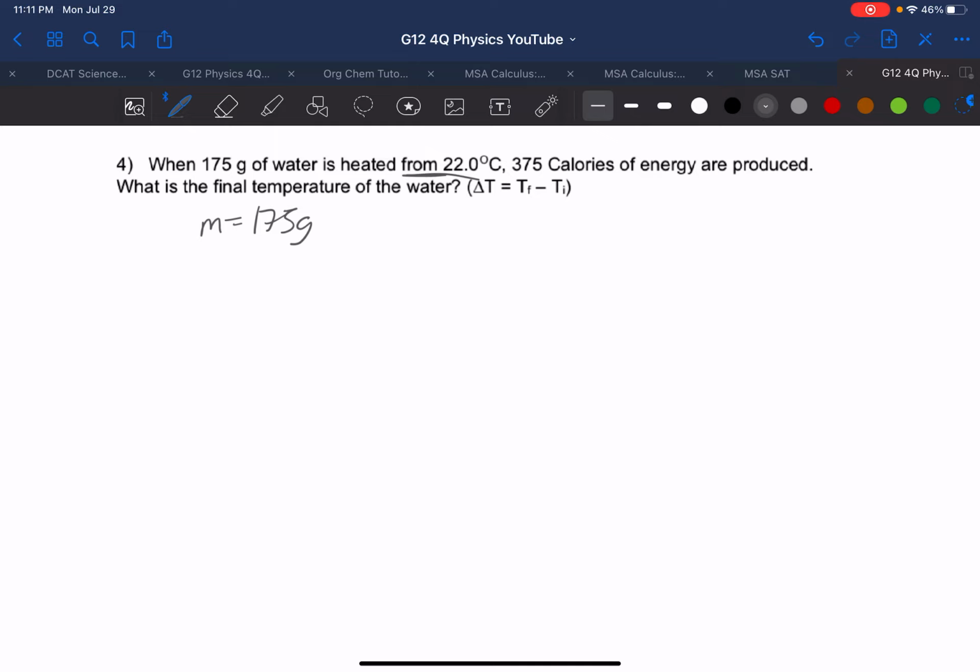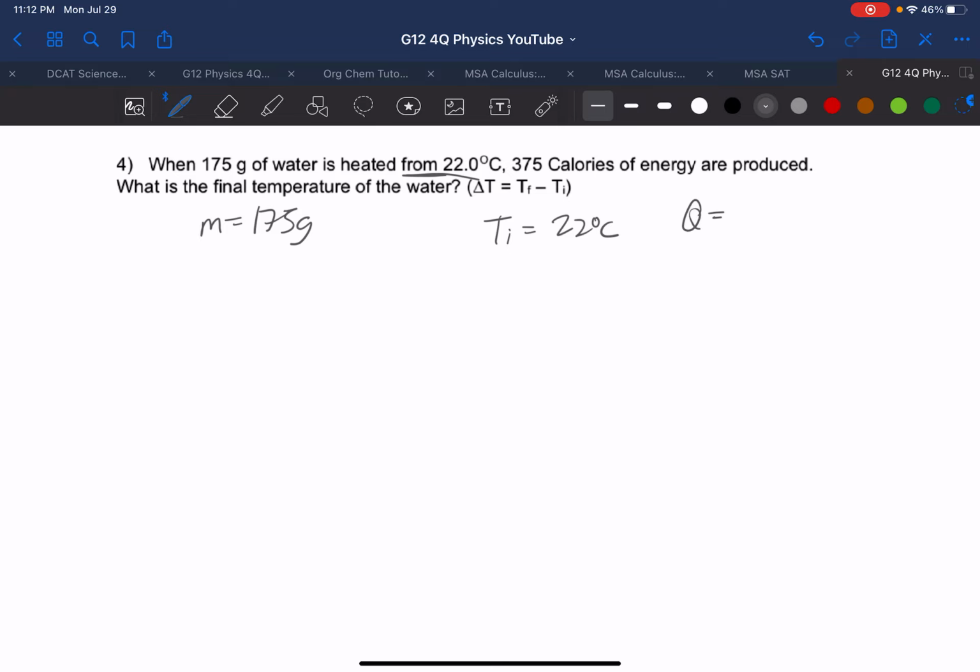Like what we have here, it says from 20 degrees Celsius. So obviously, it could be said that this is the initial temperature. Maybe if it says to, basically implying the idea that it is the final temperature, then it is the final temperature, or TF. But it's TI in this scenario.